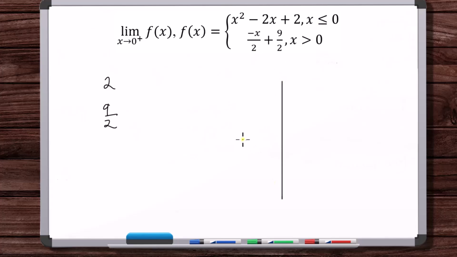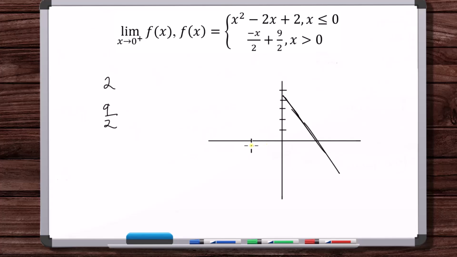When x is less than 0, you've got some upward facing parabola. And then when x is greater than 0, you've got some line with a negative slope. So at 9/2, that's what, 2, 3, 4, like 4.5. When x is 0, you have the y-intercept here, then with a negative slope. So something like that.